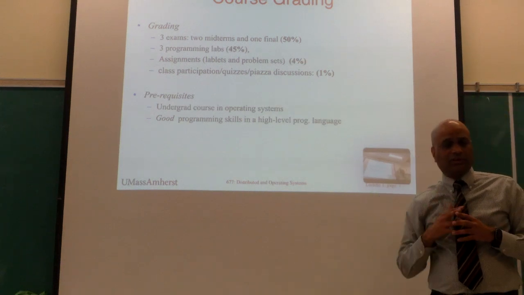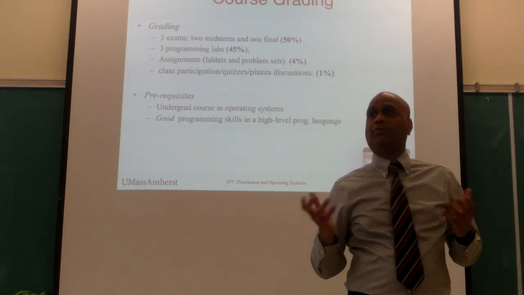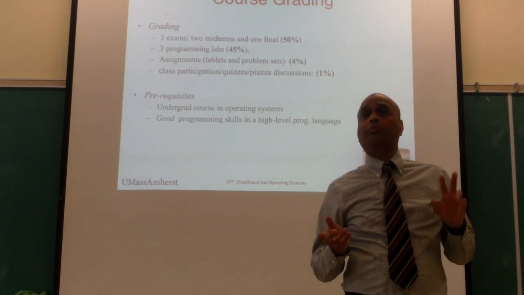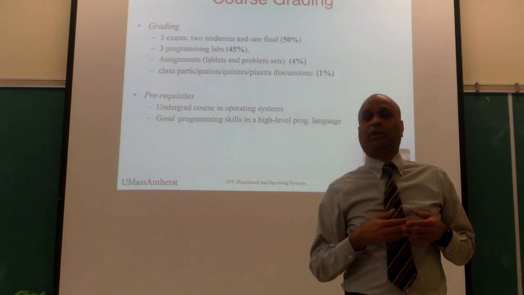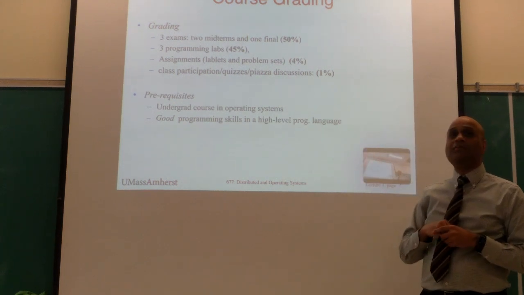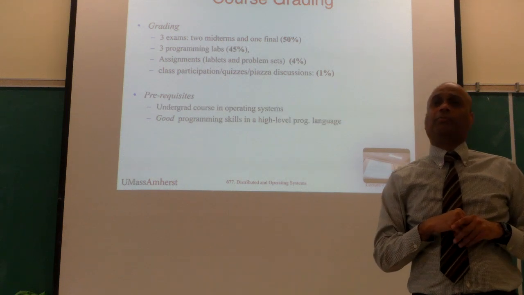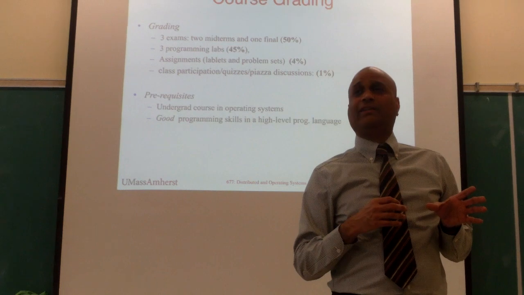As far as the course grading is concerned, there are 3 exams and 3 labs. That's going to be most of your grade. So 2 midterms and a final, which is 50% of the grade, 3 programming labs, that's 45%. There are some small assignments, which are going to be 4%. The assignments will be some combination of lablets.